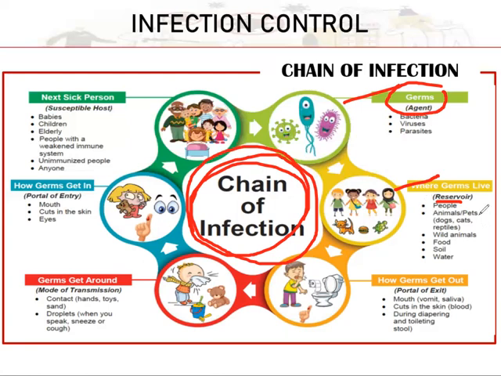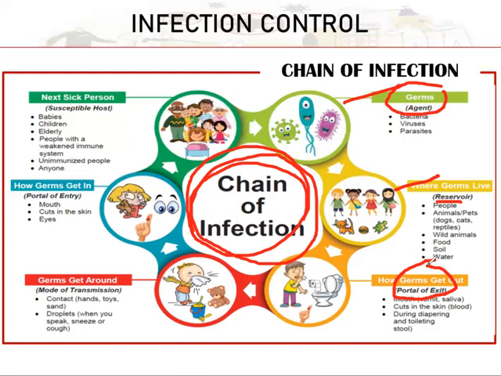So after that, we already identified the reservoir. Okay, so let's say from the people, paano man ni siya mo gawas sa lawas? No, paano mo gawas ang infection sa lawas? So that is what we term as portal of exit. Okay.